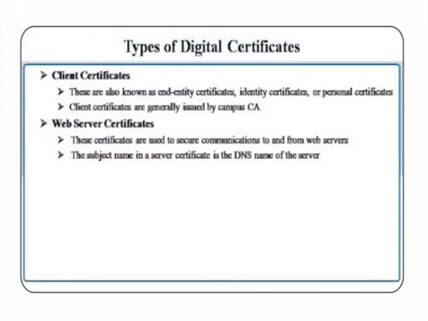These are also known as entity certificates, identity certificates, or personal certificates. Client certificates are generally issued by the campus CA. Fourth, web server certificates. These are the certificates used to secure communications to and from web servers. The subject name in a web server certificate is the DNS name of the server.